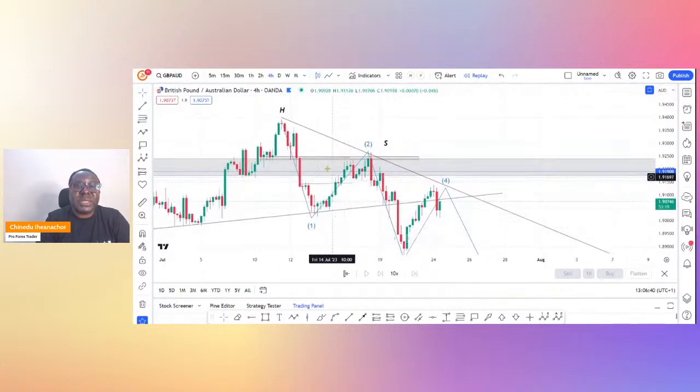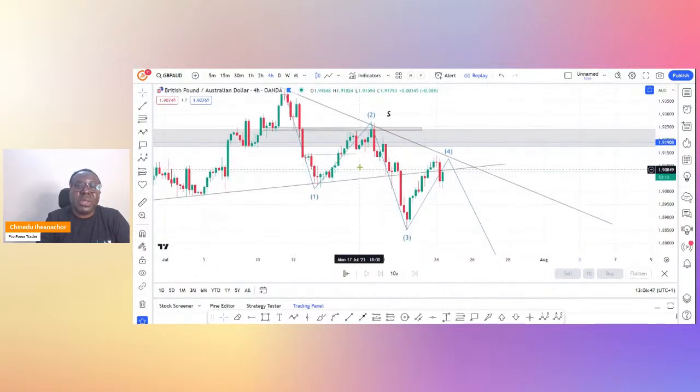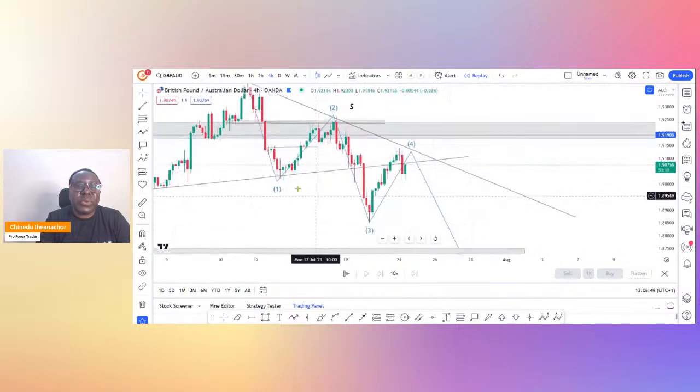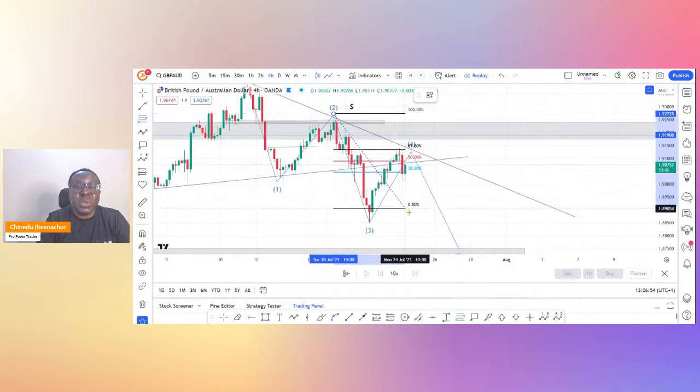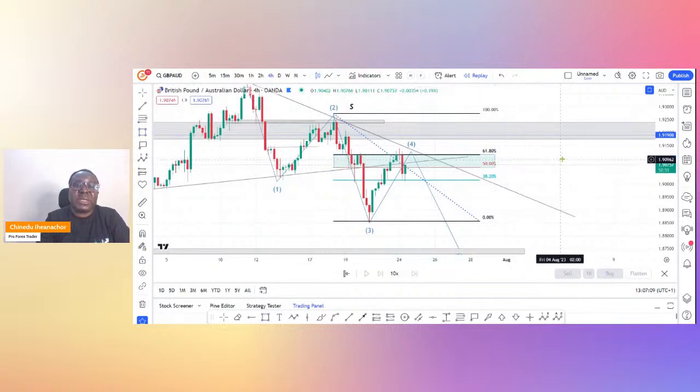And we've been able to project a downtrend line because the market has turned from bullish to bearish. We also use our Fibonacci retracement tool, which is a very simple method of analyzing the market, and we have identified the zone between 50 and 61.8% as what we refer to as a killer zone, where most retracements happen, like 80% of the time.